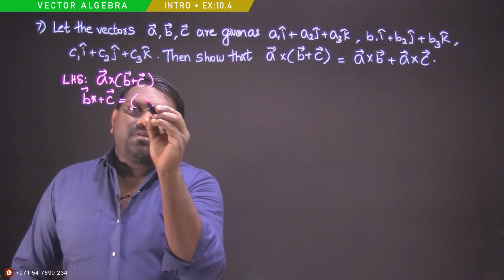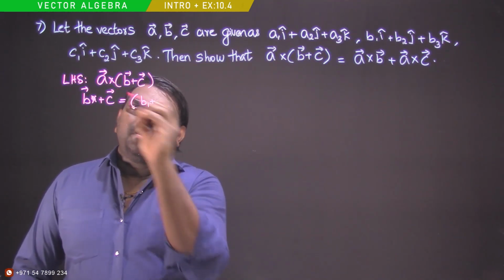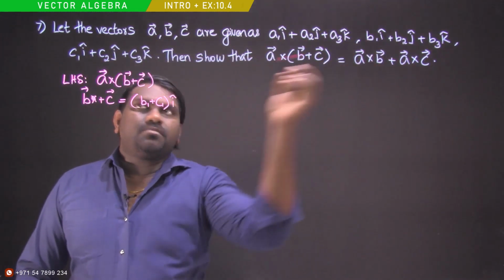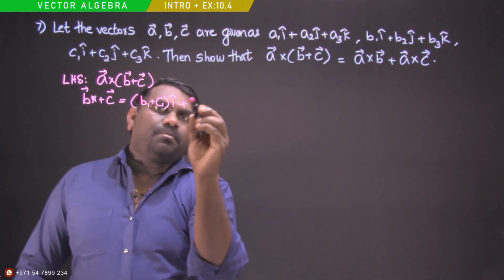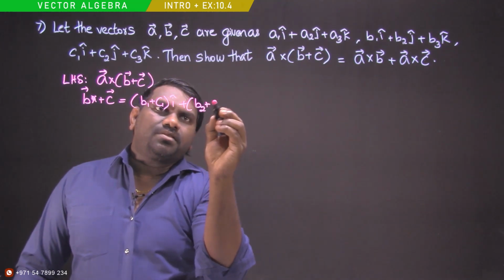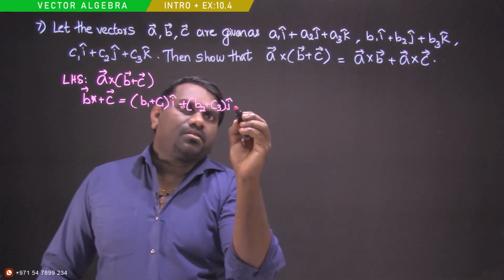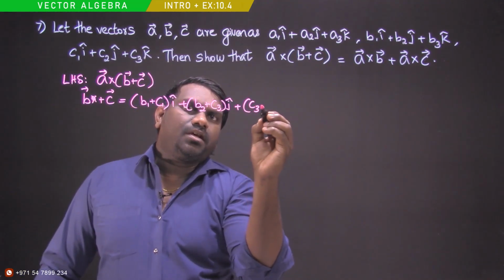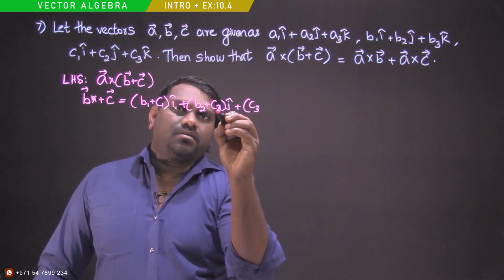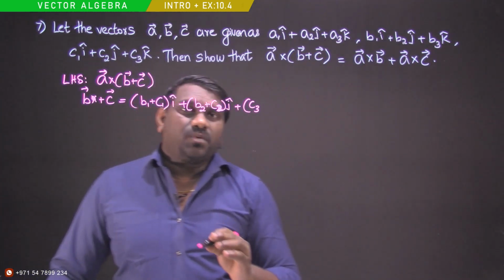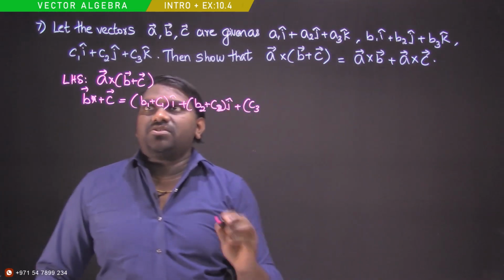So we will get B1 plus C1 for the i term, then B2 plus C2 for the j term. Just be careful with these, dear. If anything goes wrong, then everything is wrong.